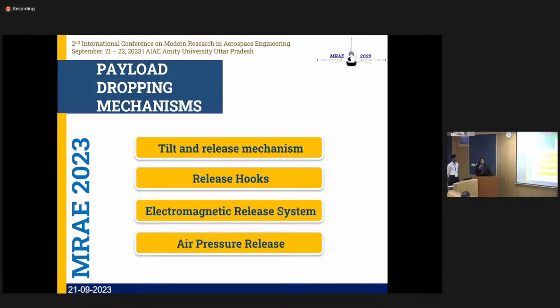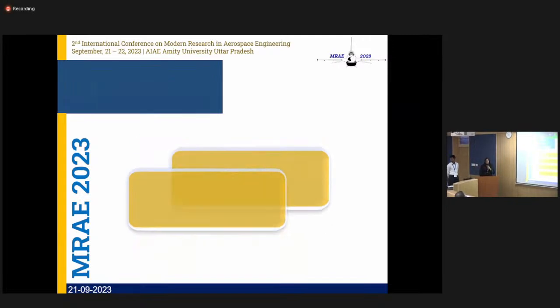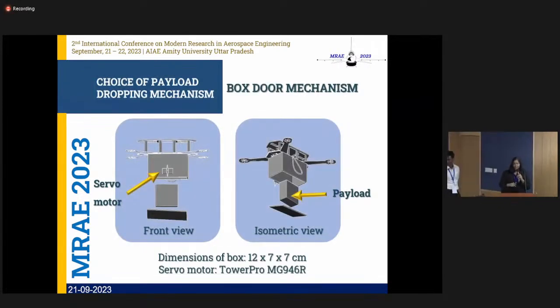When it came to choosing, we realized it depends on the application, and based on our application, this was the best, which we modified. It's not a conventional box door mechanism; it's a modified version.